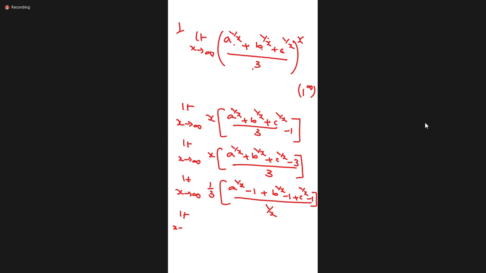Limit x tends to infinity means 1 by x tends to 0. 1 by 3 into (a power 1 by x minus 1) by 1 by x plus (b power 1 by x minus 1) by 1 by x plus (c power 1 by x minus 1) by 1 by x.